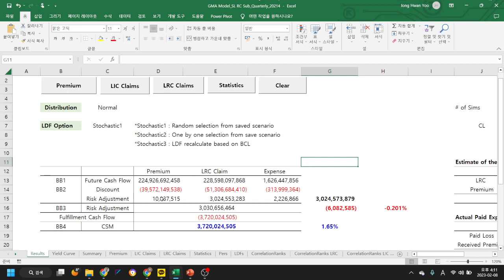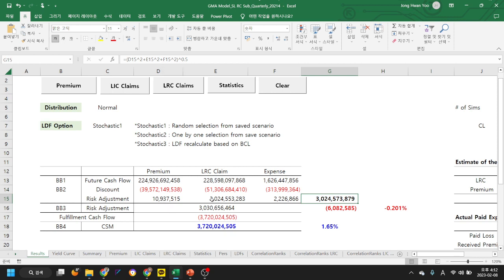So I have come up with separate figures: for the premium side, under the 75th percentile confidence level, how much is the risk adjustment by the definition of confidence level or value at risk technique, and for the future claims payment and expense as well. And what if I apply the so-called famous square root rule?